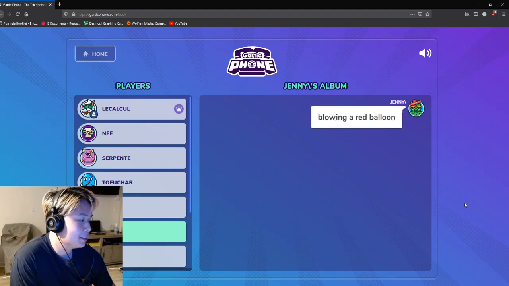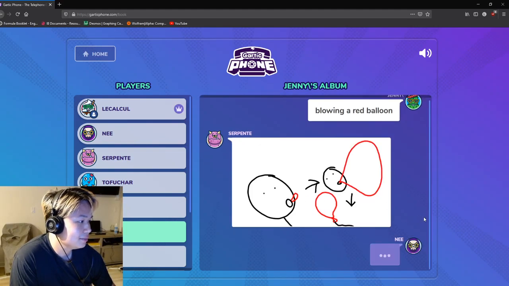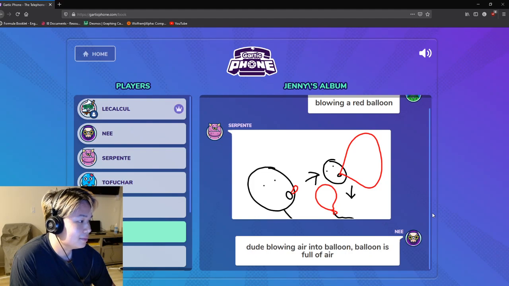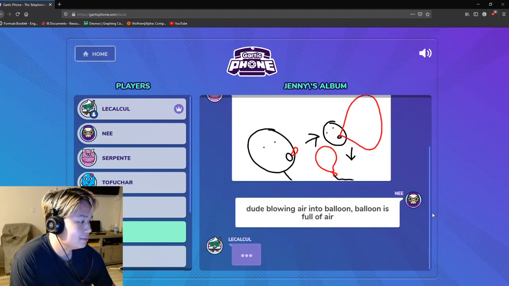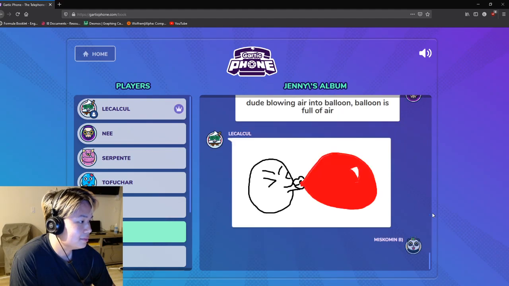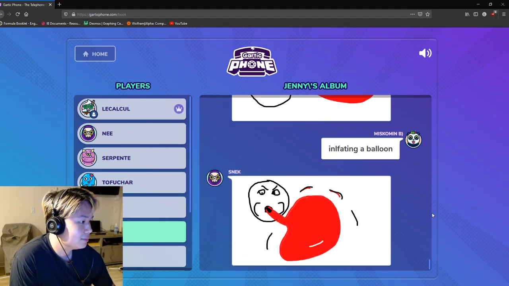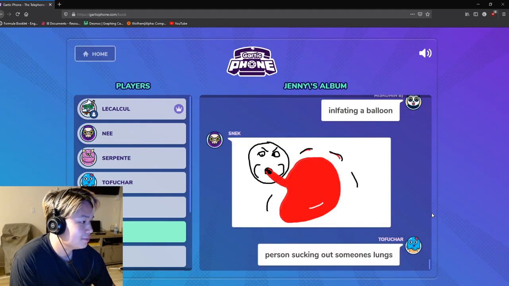Blowing a red balloon. Oh, that's pretty good. Nice. Nice. Sucking.